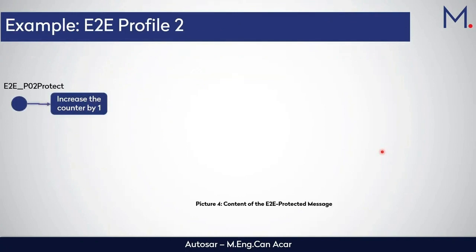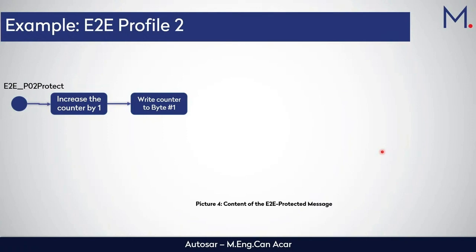So how does it work? Let me introduce you to the main function, the end-to-end protect. The protect function is used to calculate the CRC of the message to be sent by the ECU and to set the counter value. First, the counter value of the message is increased by 1. So every single message is sent with a counter, and the counter starts with 0, and then it's increased by 1 every time.